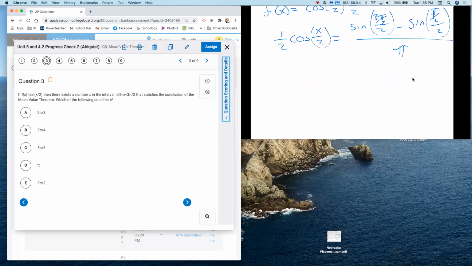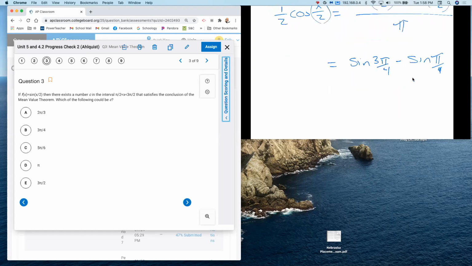I need to look at the sine of 3 pi over 4 minus the sine of pi over 4. I think that's what I'm looking at.